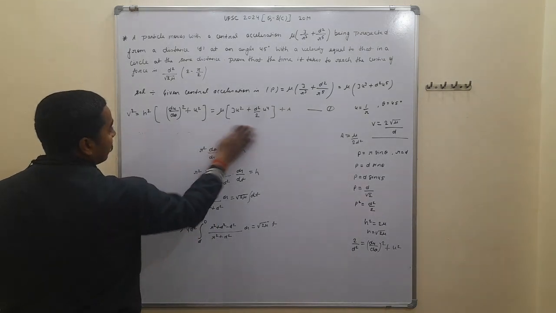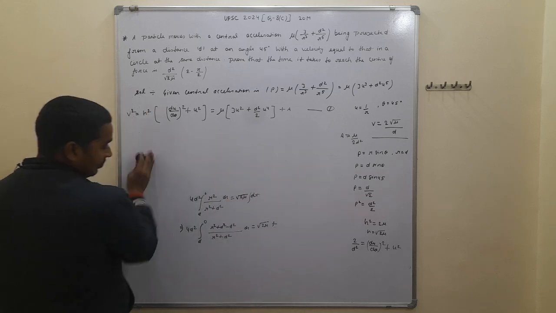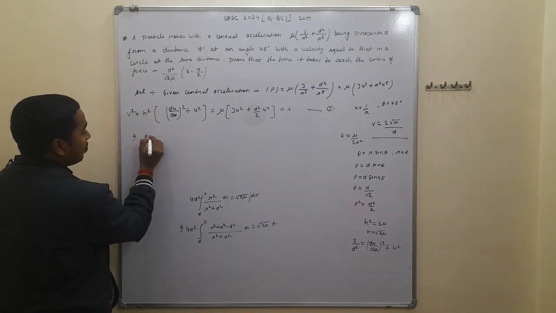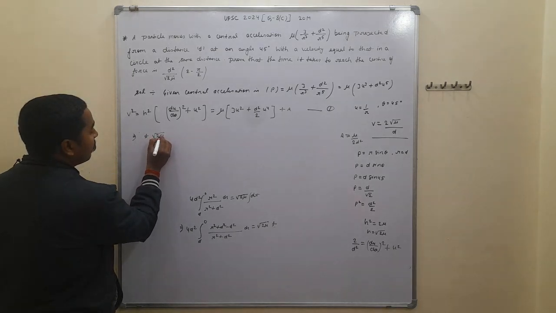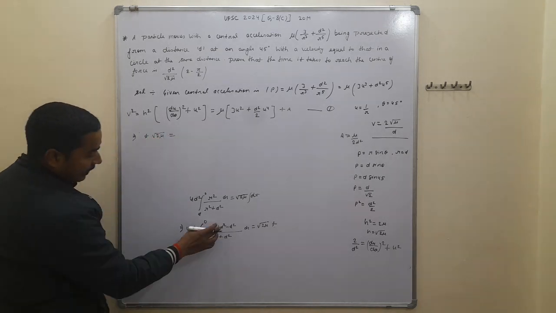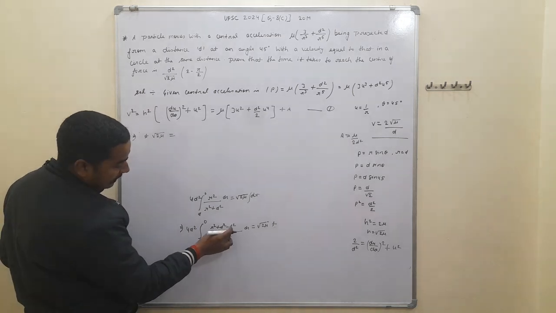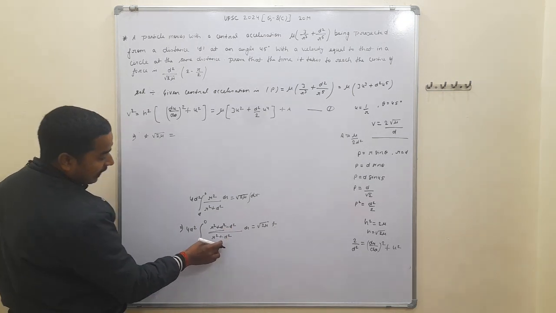So we can write here, that is t into root 2 mu is equal to, here we can take r square plus d square in one, and second minus of d square upon r square upon d.